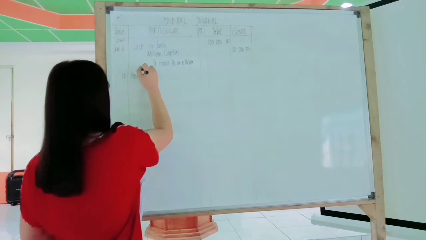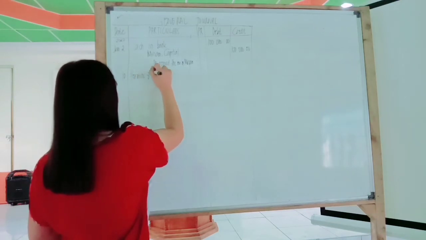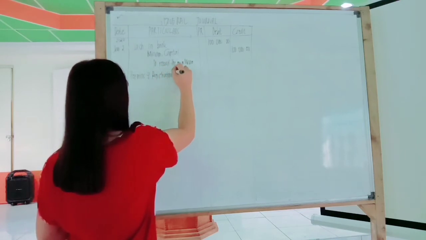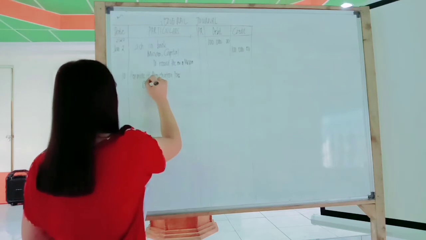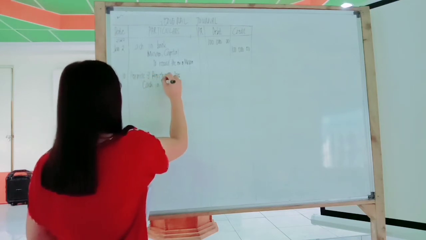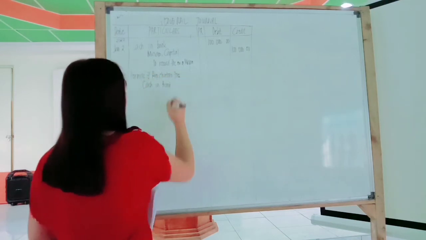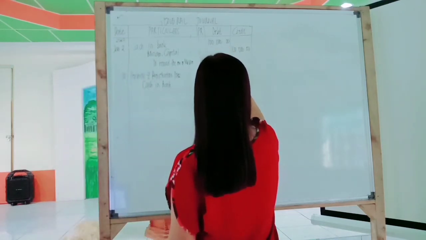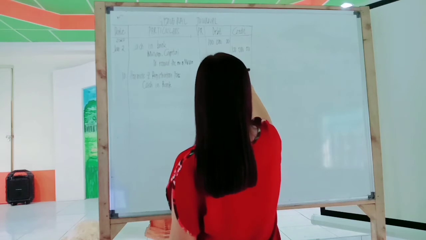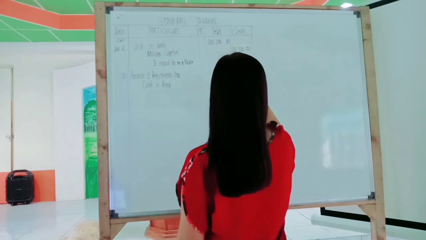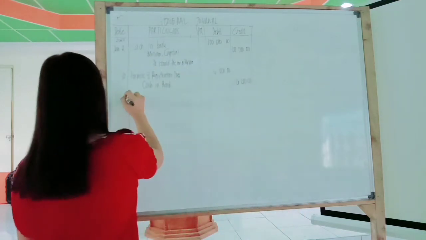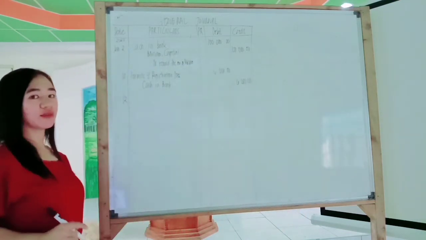Permits and registration fees. Tapos, charge to cash in bank. Magkano yun? 6,000. And then, 6,000.